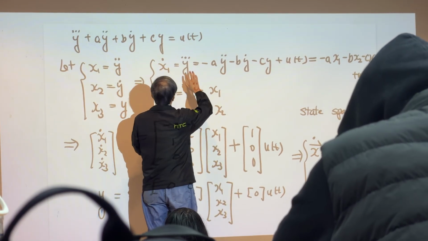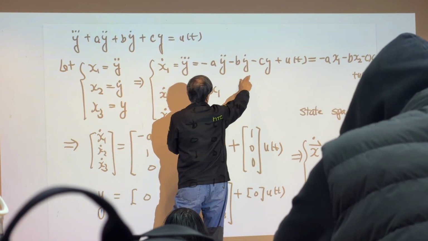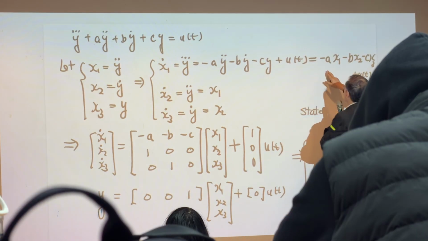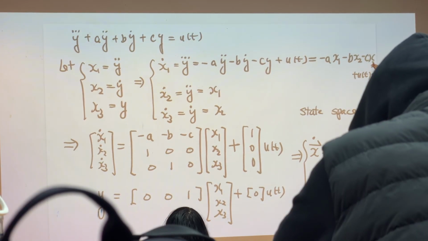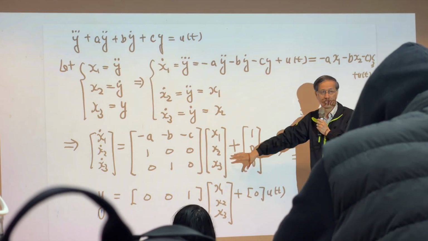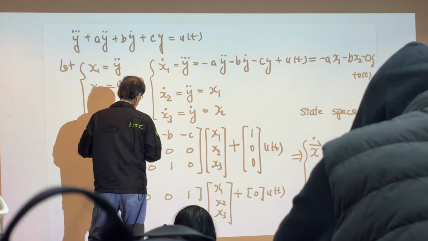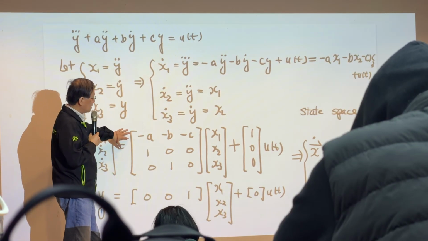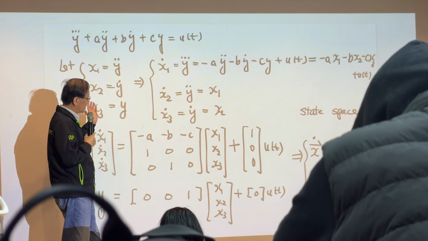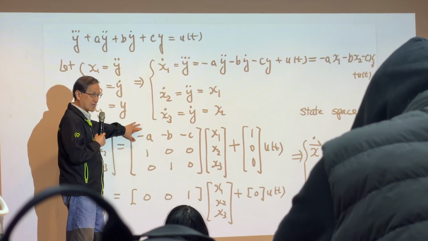Again, you can write the right-hand side equation, moving this to the right-hand side, and it becomes minus a x1, minus b x2, minus c x3. Then we can still write this state space, and you see the A matrix is a little bit different from the previous one. It becomes minus a, minus b, minus c on the top.